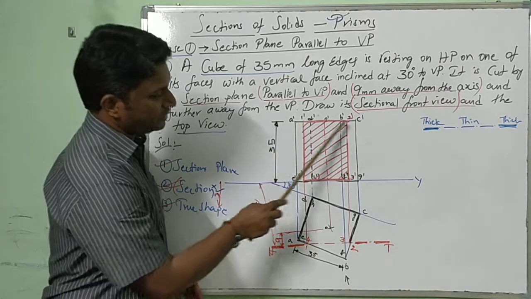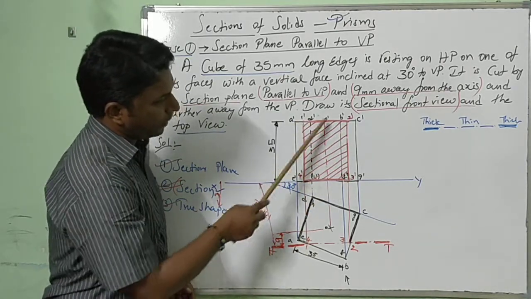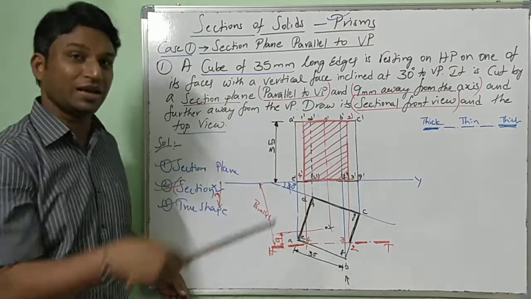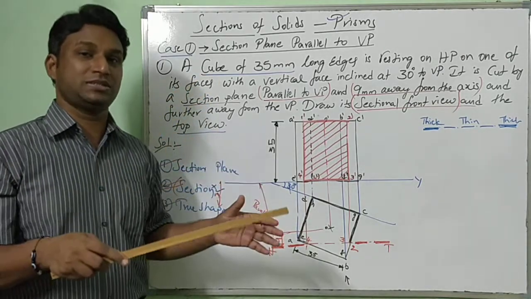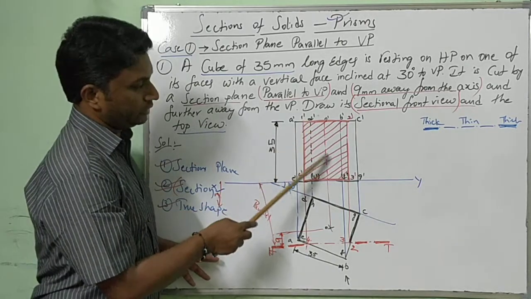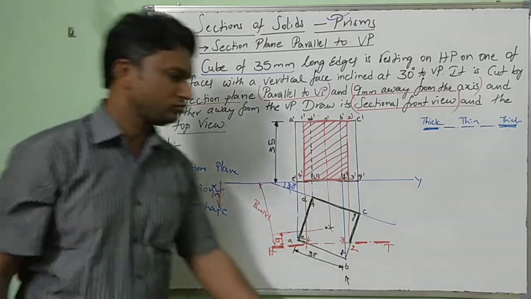Remember, for this rectangle 1 dash, 2 dash, 3 dash, 4 dash, you are not drawing lines parallel to the sides. You are supposed to draw regular inclined lines from the sides. So like this. So finally, this is your sectional front view, top view.